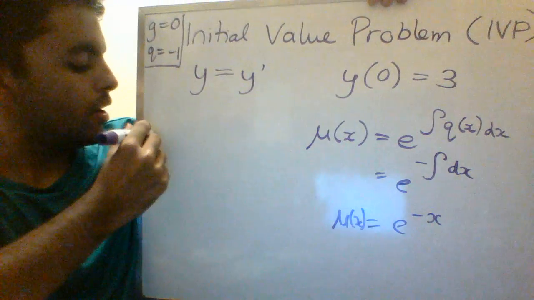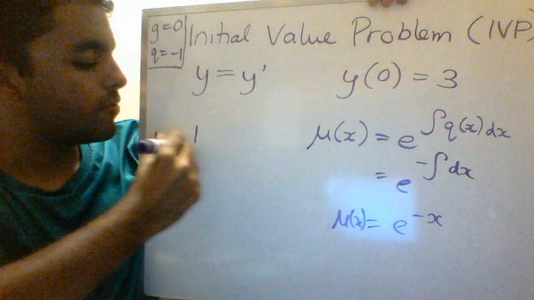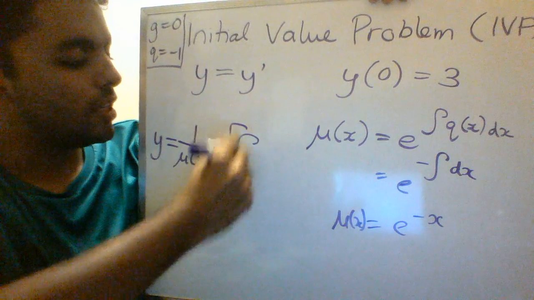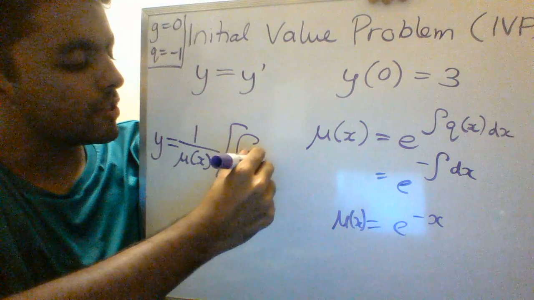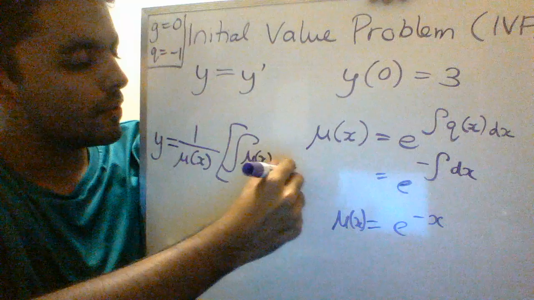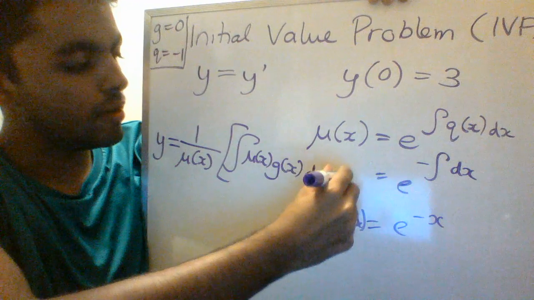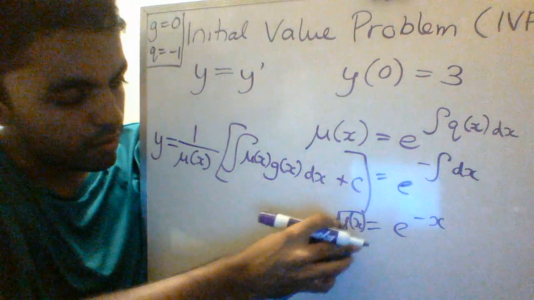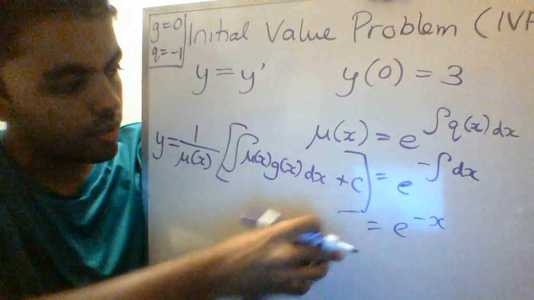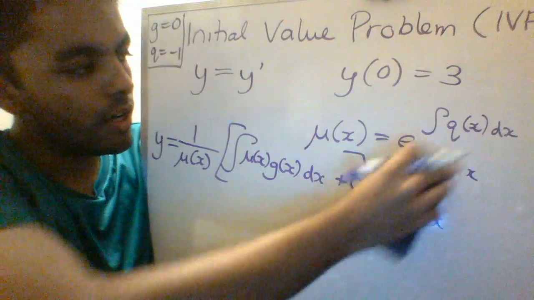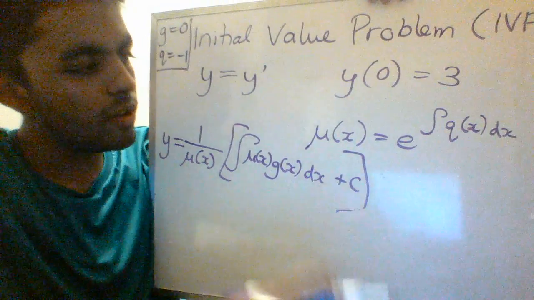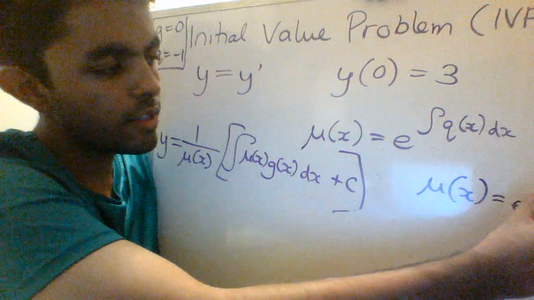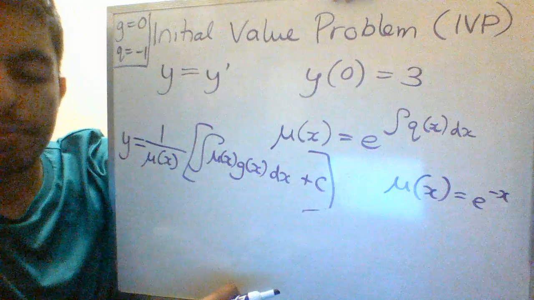Okay, so now we know y is equal to, from our formula, 1 over mu of x times the integral of mu of x, g of x, dx plus c. I'm going to get rid of that right there. Alright, so we know mu of x is equal to e to the negative x, right?